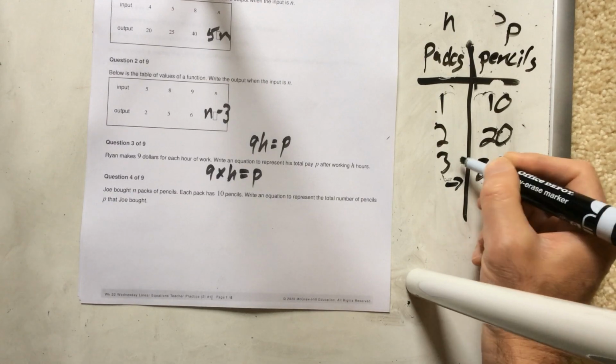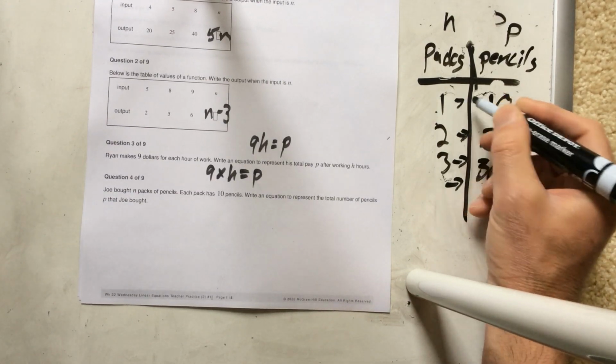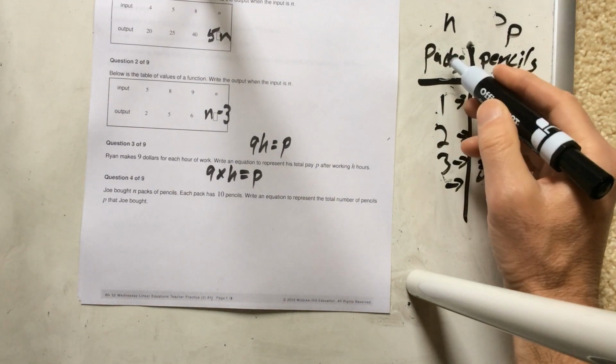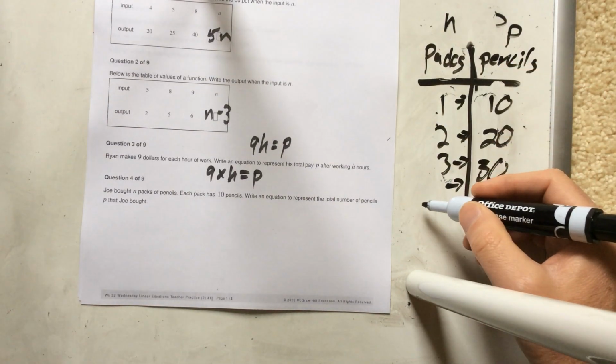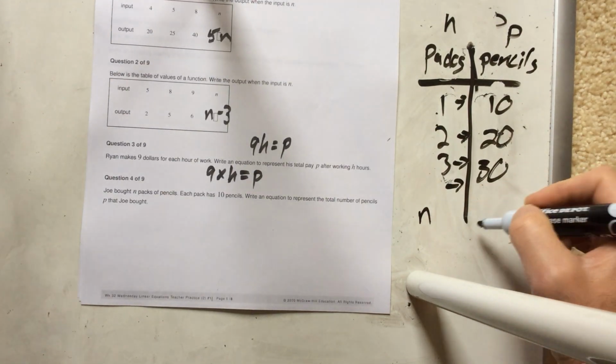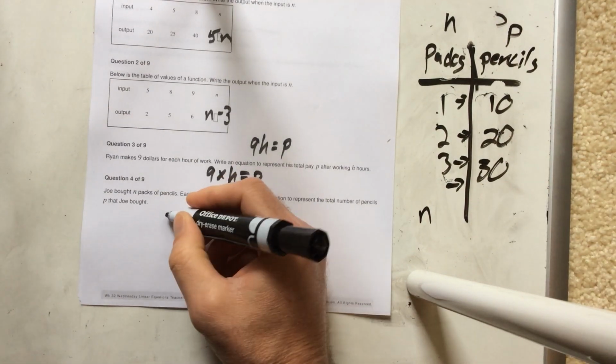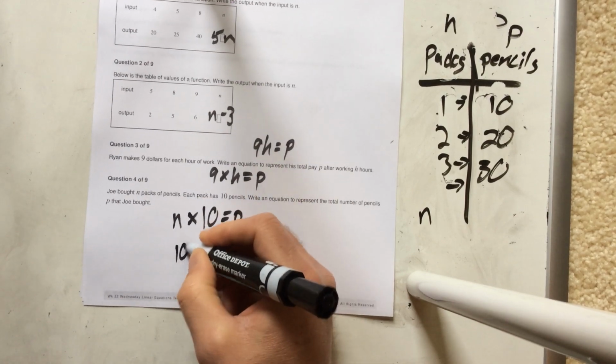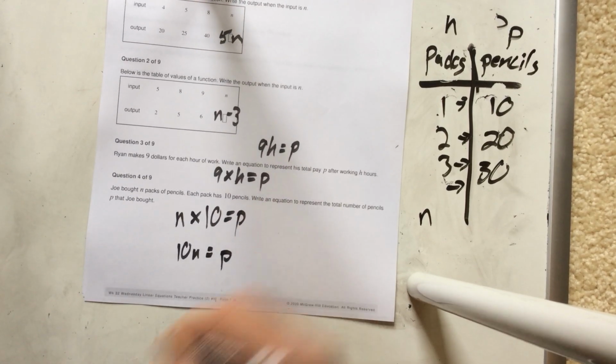So to go this way, what am I going to do? I'm going to multiply by 10. 1 times 10, 2 times 10. So it's n times 10. n times 10 is going to equal P. Or better yet, 10n equals P.